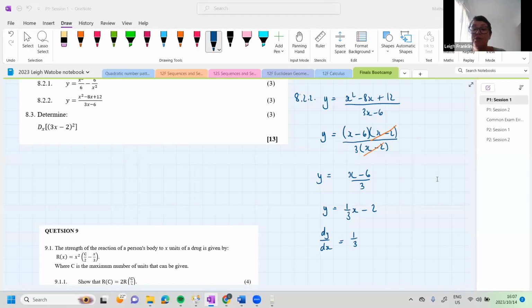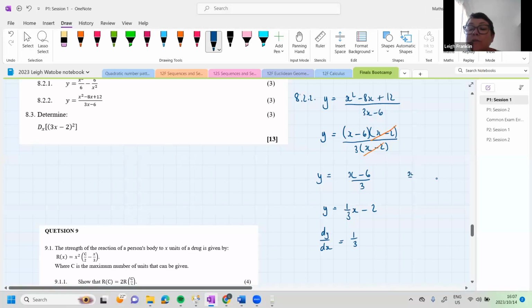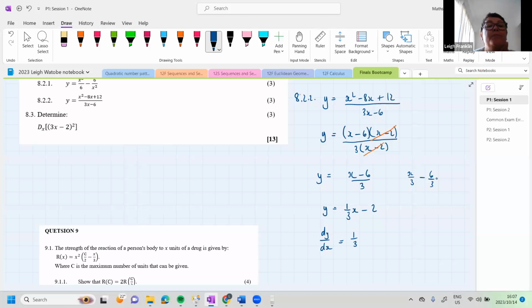Okay. All right. So Chelsea, you've split it up. So you've got x over 3 minus 6 over 3. X over 3 is 1/3 of x. Minus 6 over 3 is -2. That's where it comes from. All right. Cool. No problem.